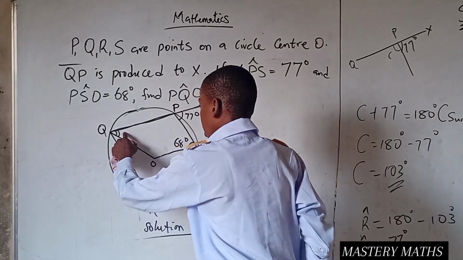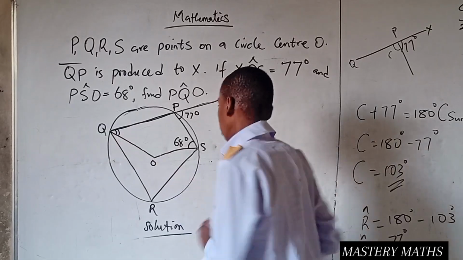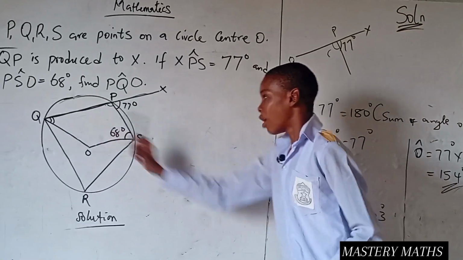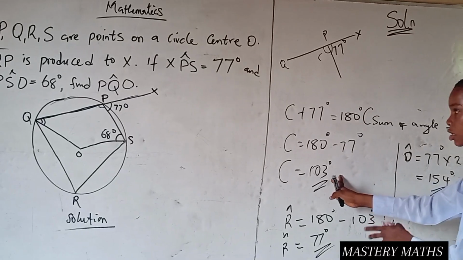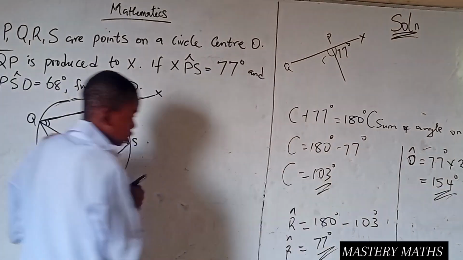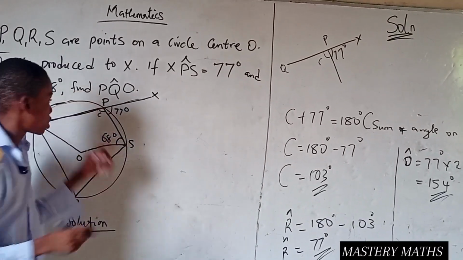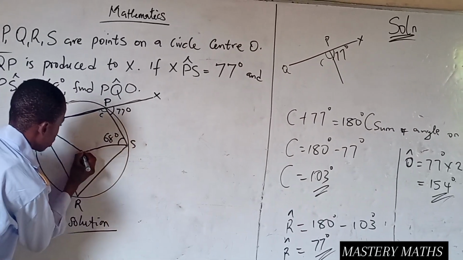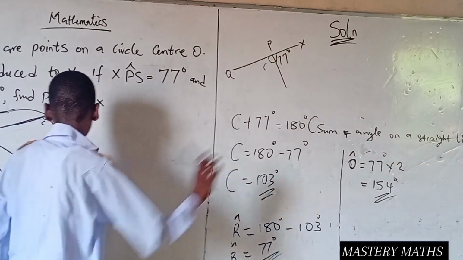And here is the sum total of this. So to get our Q, we have to put all this inside. We already called here C, so let's just put C so that we know that here is 103. And here, let's just call here A, which is our 154 degrees.